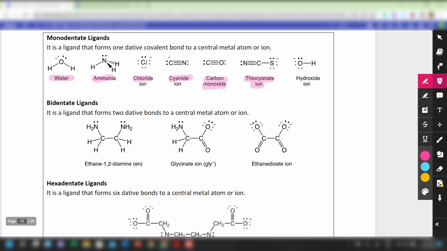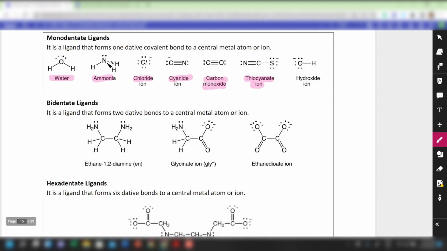There's a reason behind this, but I'm not going to discuss it. If you're interested, you can read more about pi back bonding. They have another name as well, known as pi acids, but again, I'm not going to go into details because it's absolutely not required for H2.